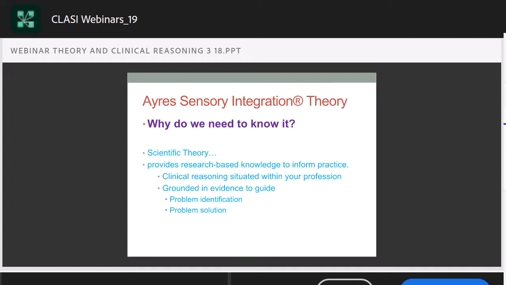Just like I said that the scientific theory was more than a hunch, a professional use of a tool in practice is more than guessing at what might help somebody, taking a pot shot at, well, let's just try the swing and see what happens. When we're doing very systematic reasoning about who can benefit from our services, we can also target our interventions with a lot of specificity about what will help, what's needed, and who can benefit.